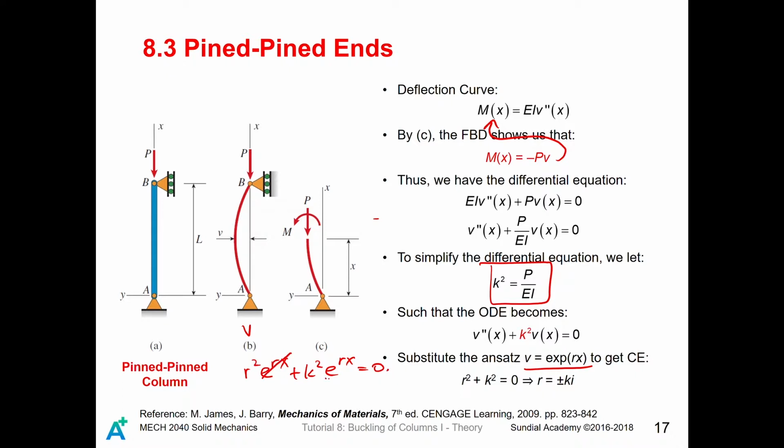So e to the power rx is cancelled out. What's left is r squared plus K squared equals 0, and the solution will become r squared equals minus K squared, then r equals ik with plus minus sign.